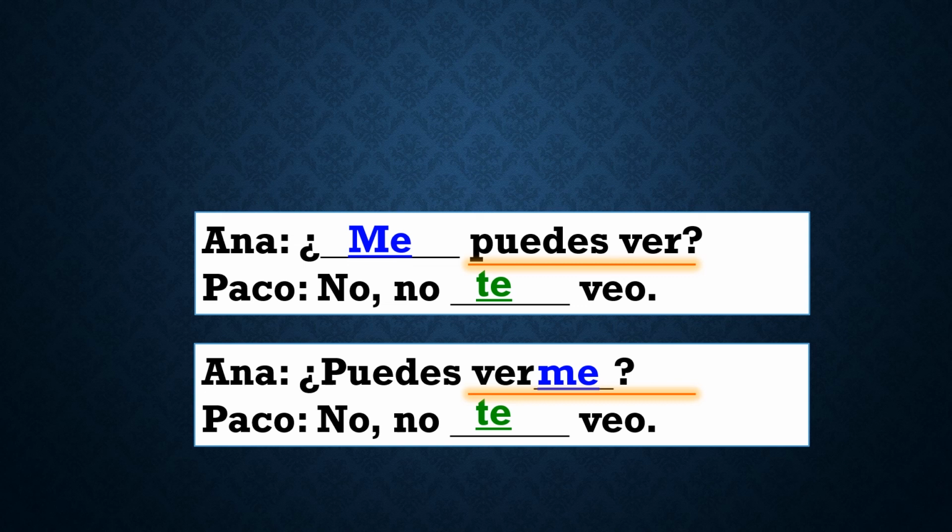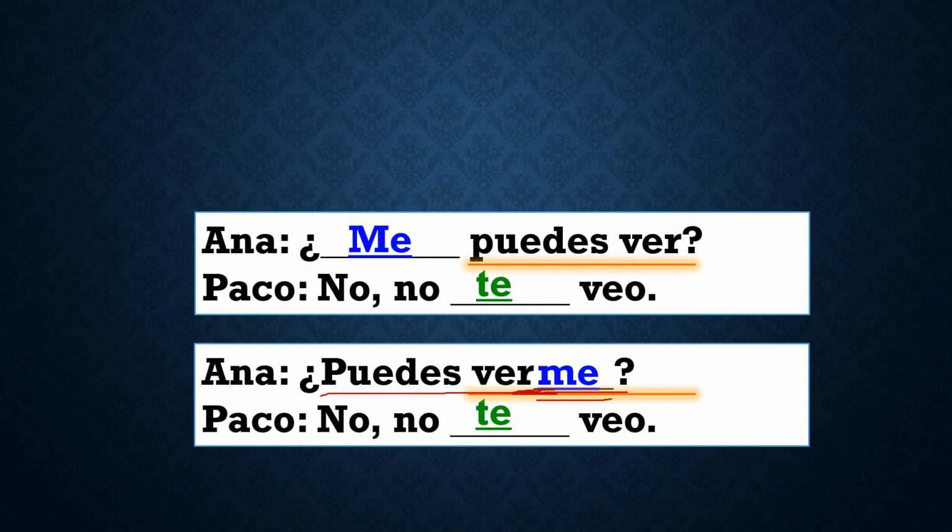We're saying essentially the same thing, but we've put our direct object pronoun at the end of the entire verb phrase. And we stuck it right onto the end of ver, right? So right on to the end of that infinitive verb.